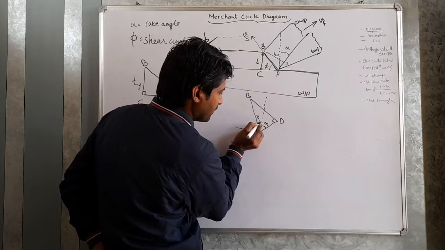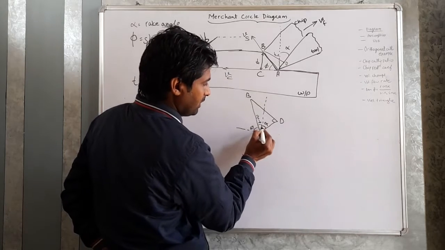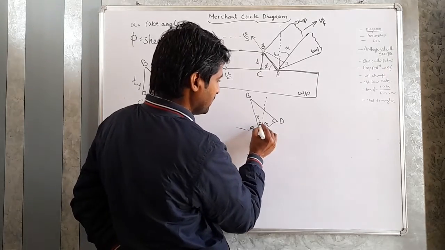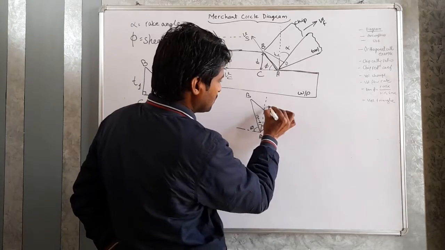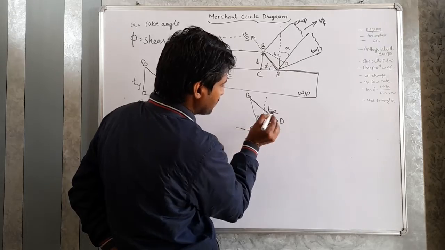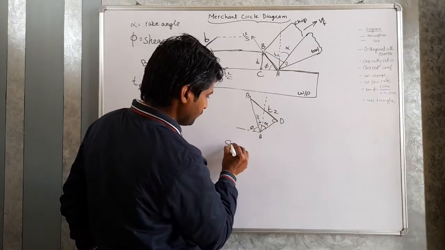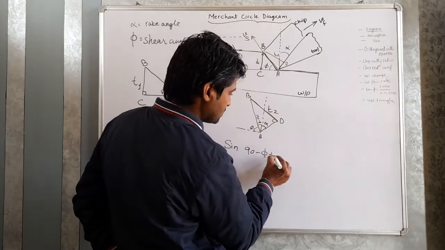So overall, this angle will be 90 minus phi plus alpha. And this length is T2. So what is the sine of 90 minus phi plus alpha?